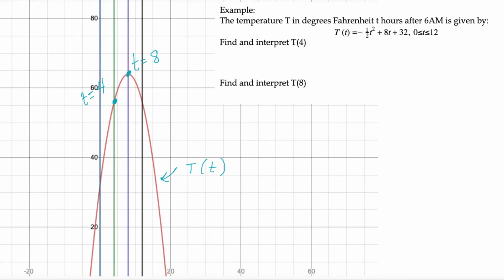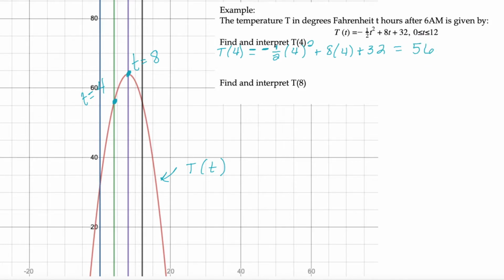So first of all, we can easily substitute 4 in and evaluate. T of 4 then is negative 1/2 times 4 squared plus 8 times 4 plus 32. When we simplify, we get 56.